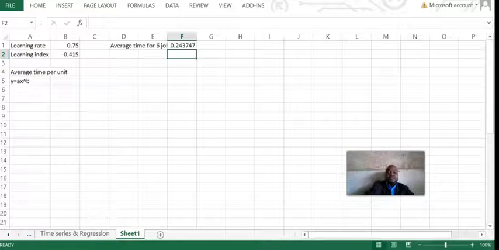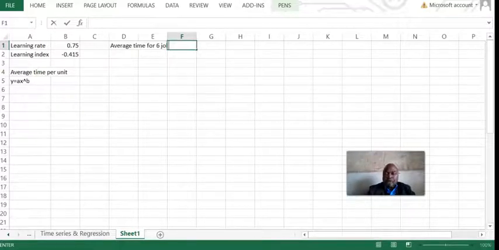We need to do some bit of formatting there. So, equal sign. First job takes 5 hours, so multiply by the 6 jobs, to the power b.